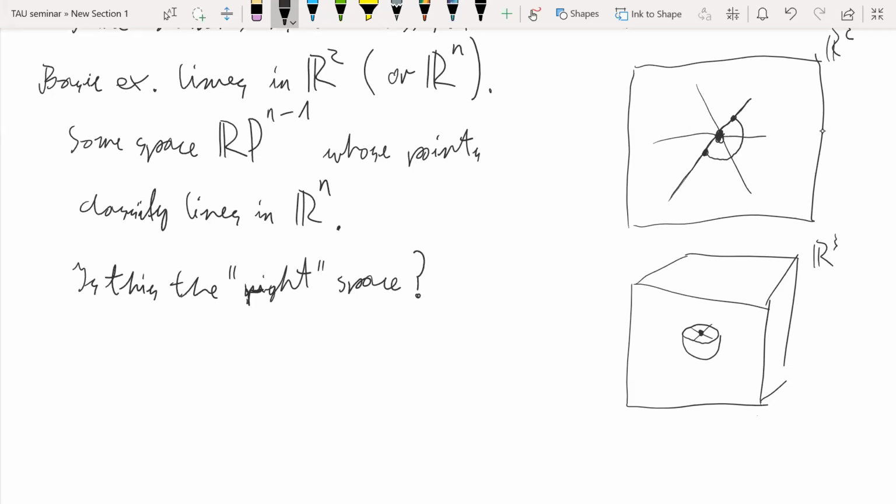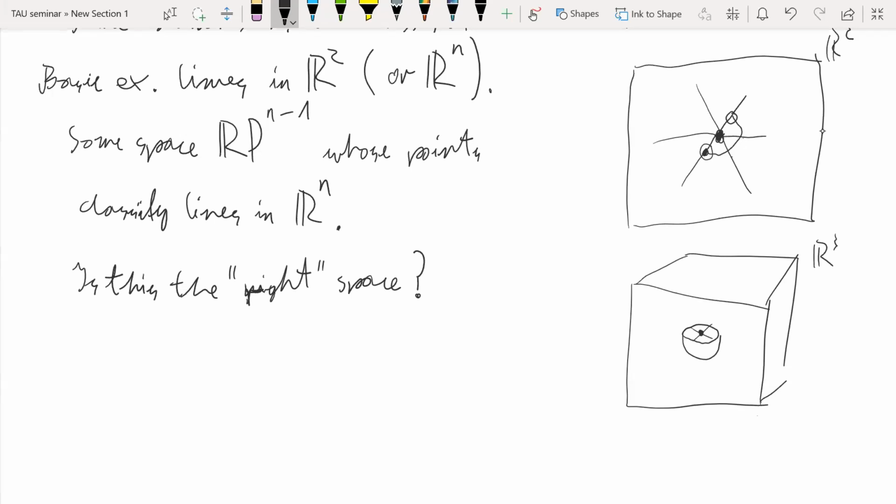You can do something similar in R cubed or any other Euclidean space. But definitely, if we were to throw away just one endpoint of the circle, then this doesn't exactly feel right because this space is somehow asymmetric. Because, for example, this point here somehow looks different than all the other points. It is the endpoint of this interval, and all of those are its interior points.